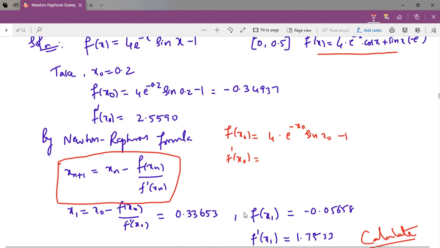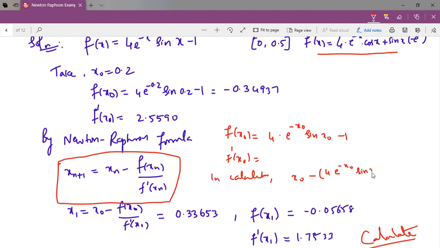So in the calculator, you feed x naught minus bracket 4 into e power minus x naught sin x naught minus 1, bracket close, divided by f dash of x naught.